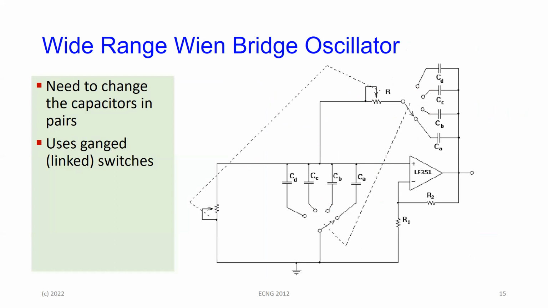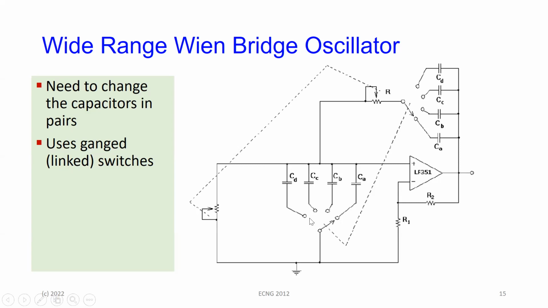All right, so like in your lab, when you sit down with the signal generator and you're changing the range, when you change from let's say the 10 kilohertz range to the 100 kilohertz range, what it would have done is to change a pair of capacitors from one frequency to the other. And when you turn the dial in front of the signal generator, the dial with the vernier gauge on it to get the frequency, what you're doing is changing these two potentiometers together inside of it.